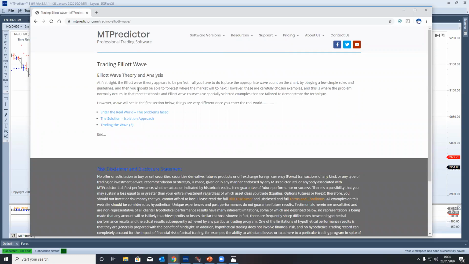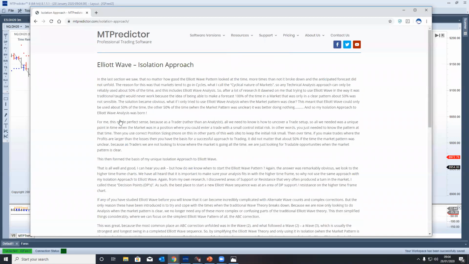In other words, there's a section there about entering the real world. In other words, why I think Elliott wave analysis basically falls down. Then there's the interesting one here, which is the solution that I came across. It's basically looking at what we talk about every week in our MTPredictor analysis.